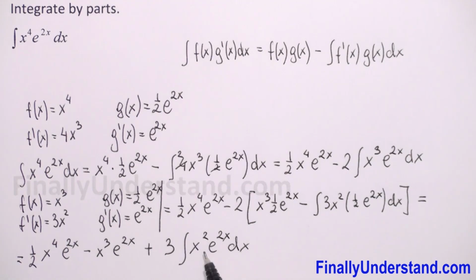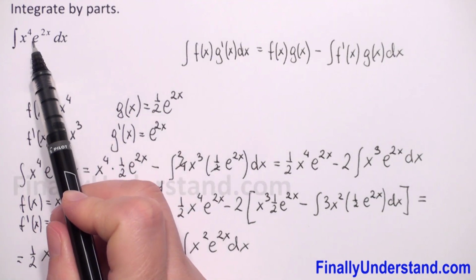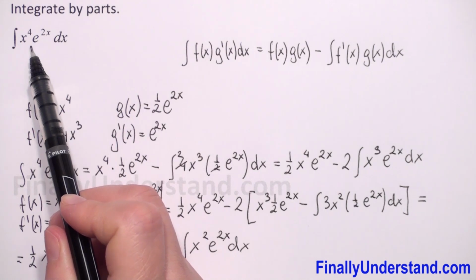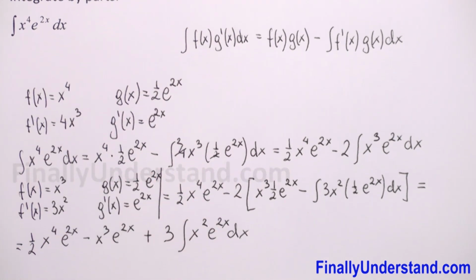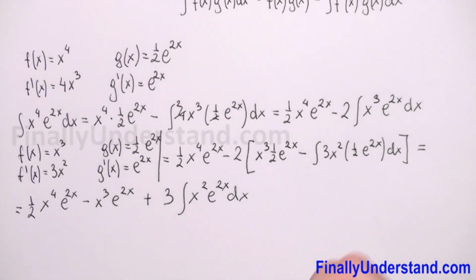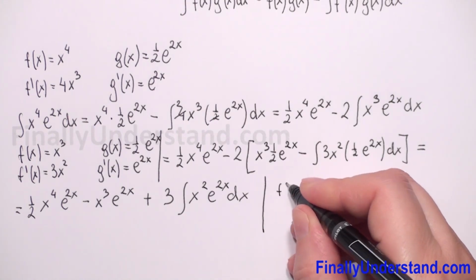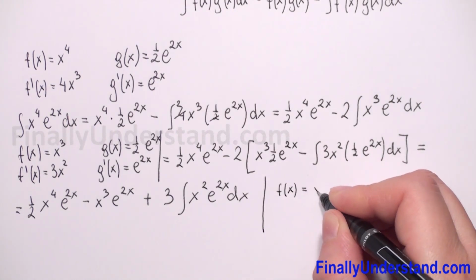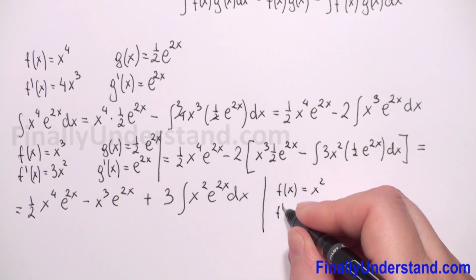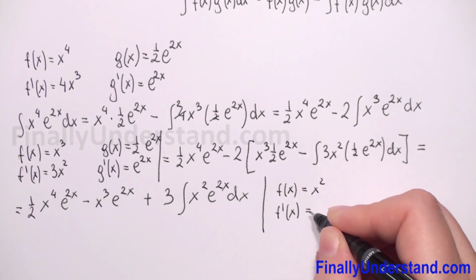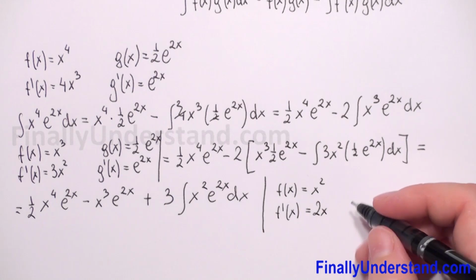We have now x squared e to power 2x. At the beginning we had x to fourth power. So again we will use the integration by parts formula. F of x we will put equal to x squared, so f prime of x is equal to 2x. What is left?